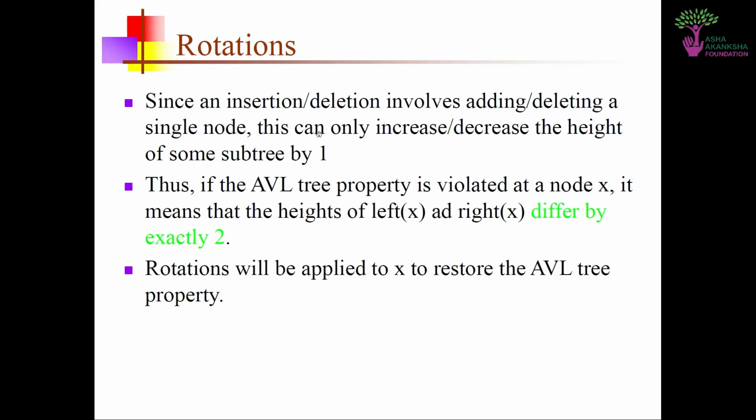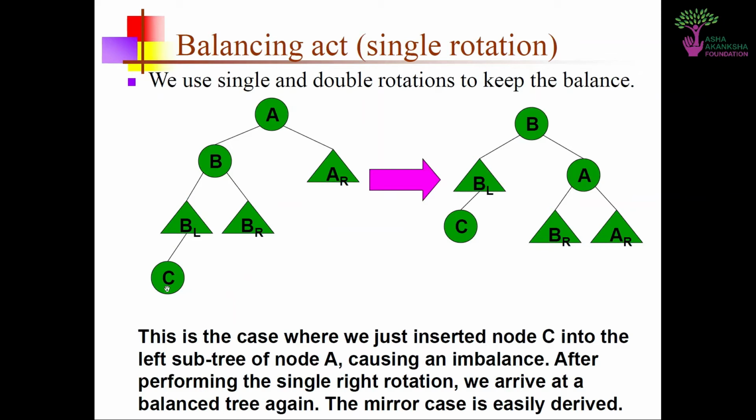So since an insertion and deletion of a node involves adding and deleting a single node, this can only increase or decrease the height of some tree by 1. Since we are only adding and deleting a node one at a time, we will only increase or decrease the height by 1. So here we are increasing the height by 1.